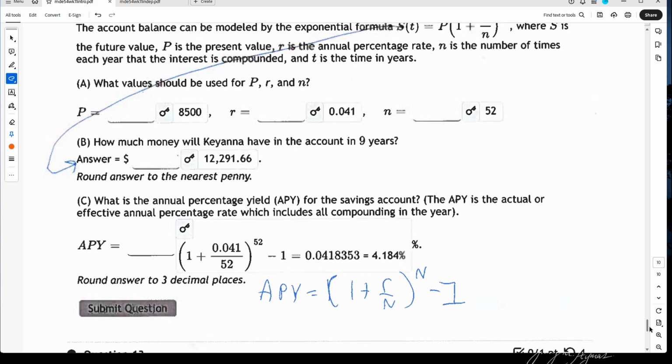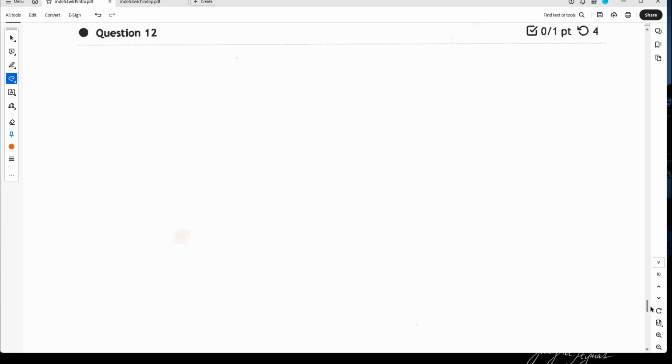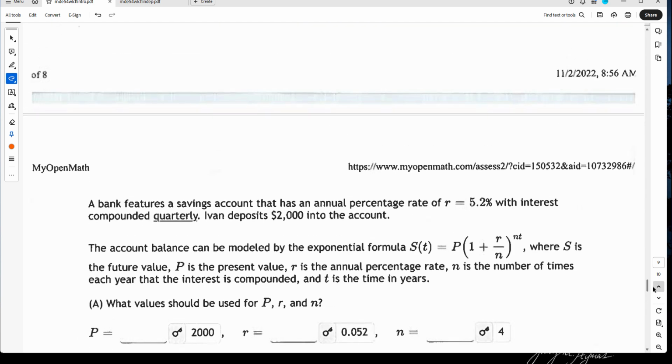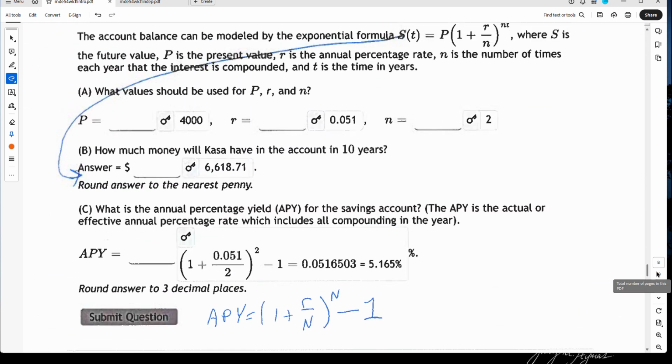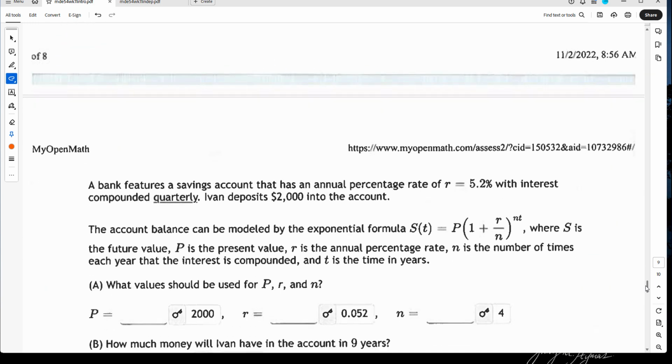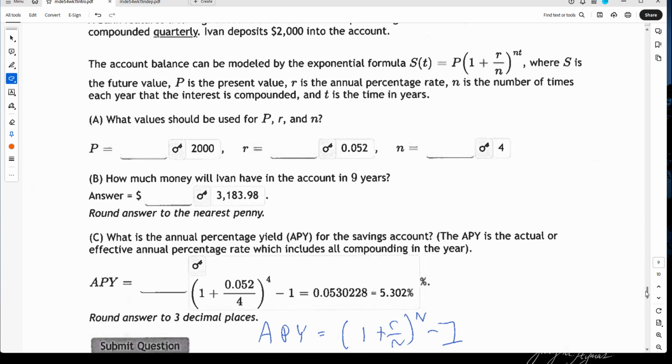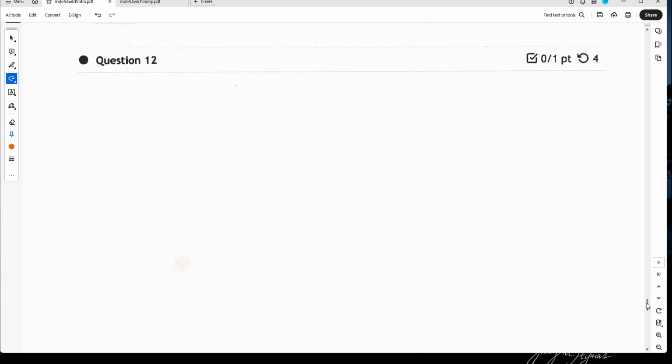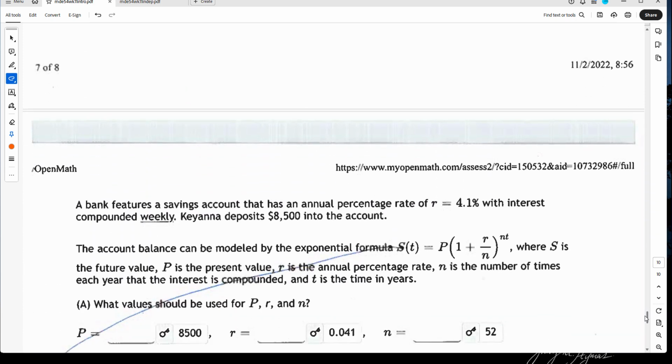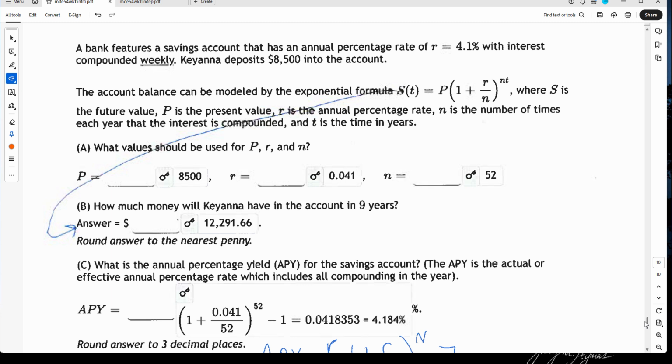What is different in each one of these problems is N. In the first one, N is 2. In the next one, N is 4. And in this last one here, N is 52.